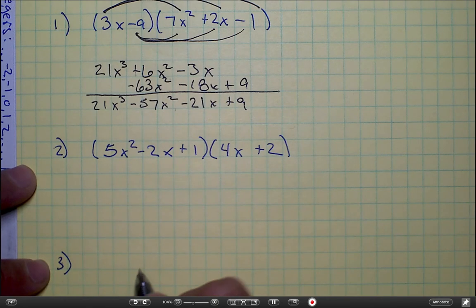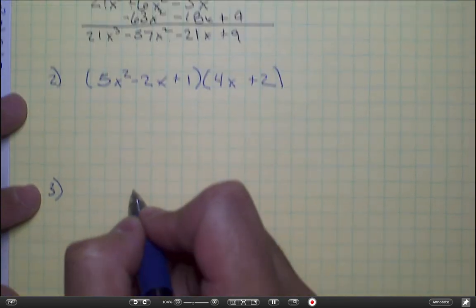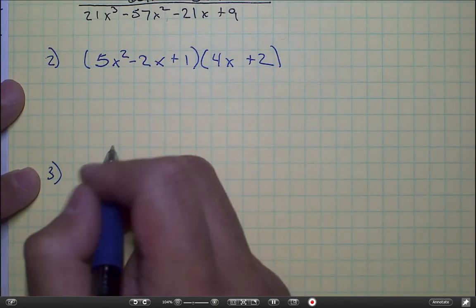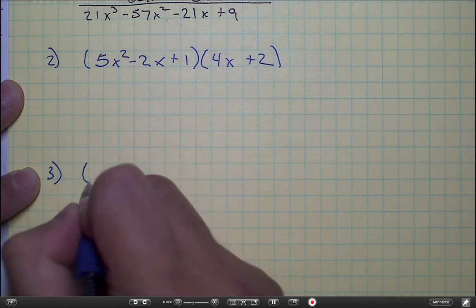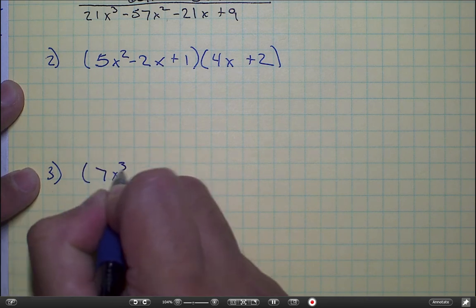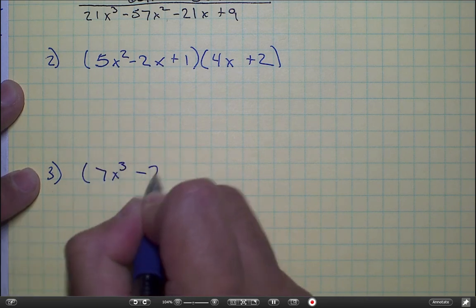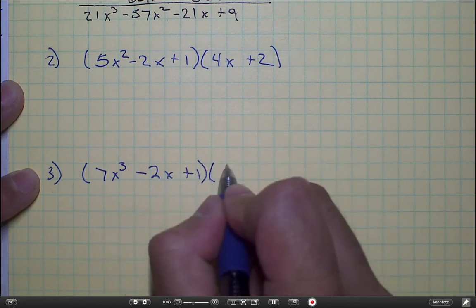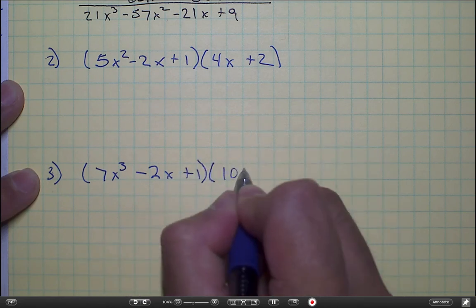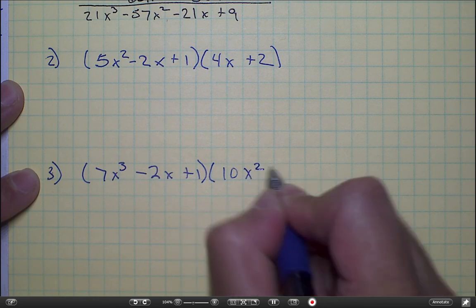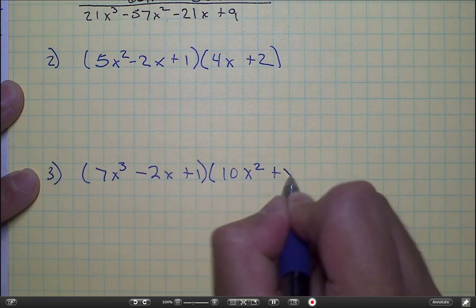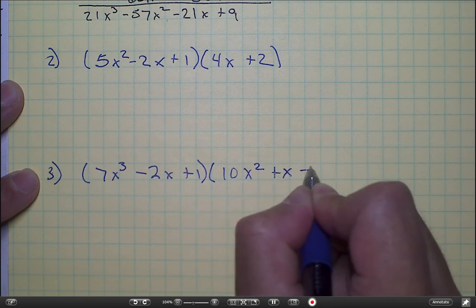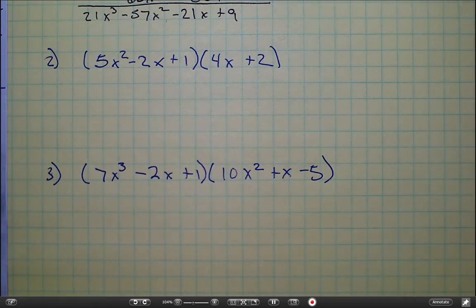And my next one down here. All right, everyone right now is participating with these 2 problems.